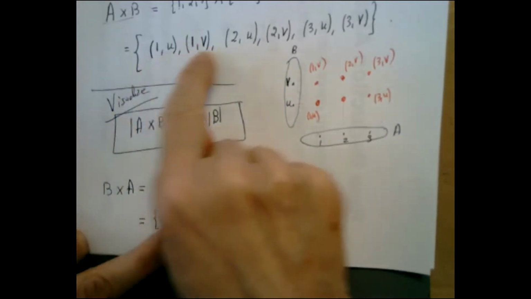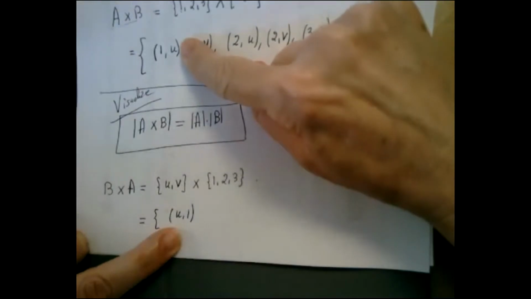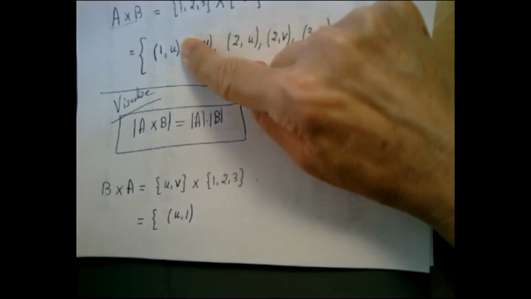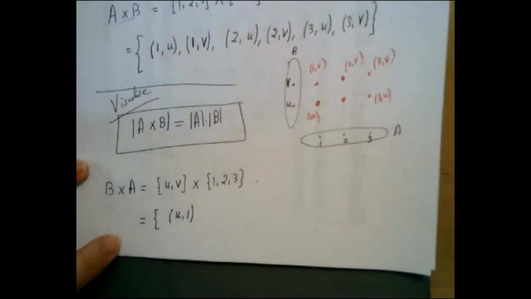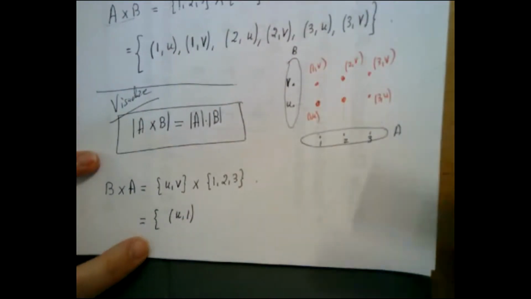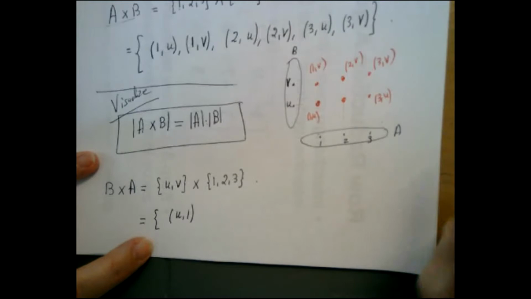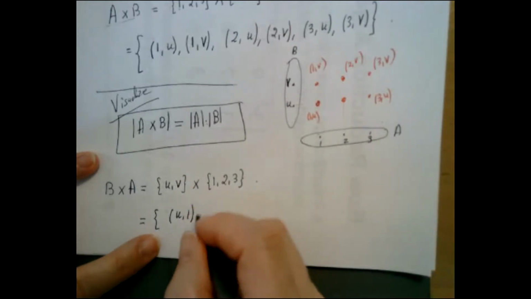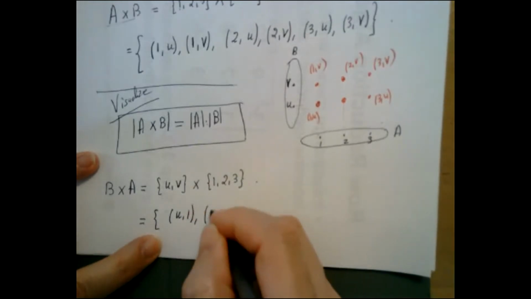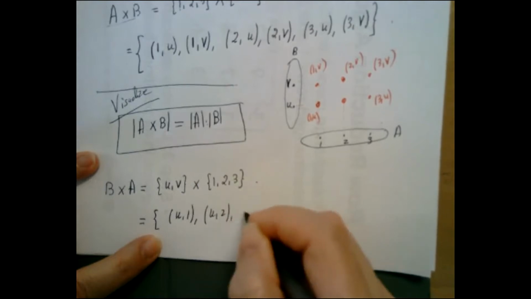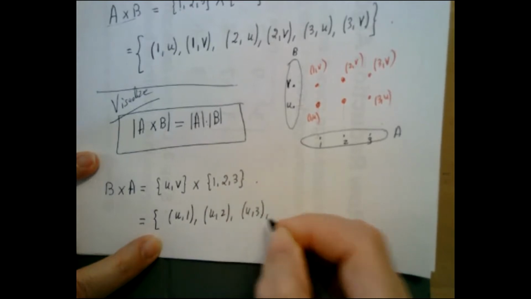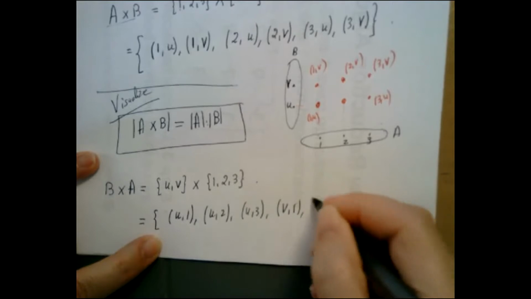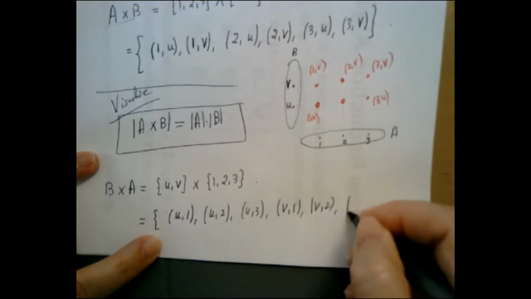So there is no U1 in here. 1U and U1 are very different ordered pairs, because two ordered pairs are equal if they have the same first term and the same second term. Those are very different. So this one is nowhere to be seen. So A cross B and B cross A are actually very, very different objects. And now I can keep going: U2, U3, V1, V2, and V3.